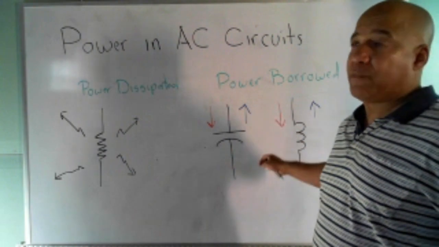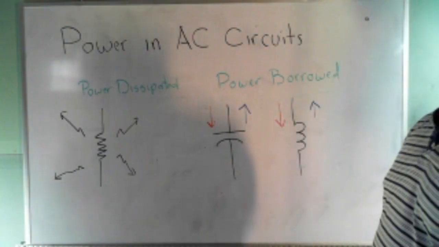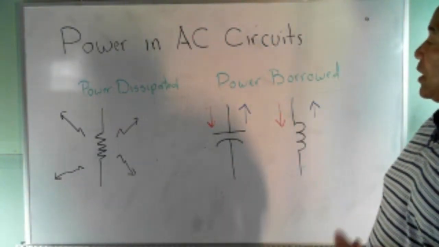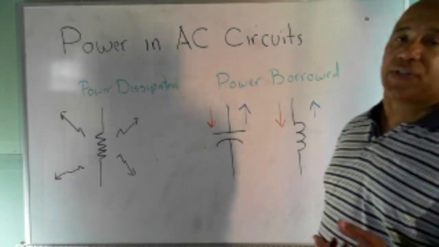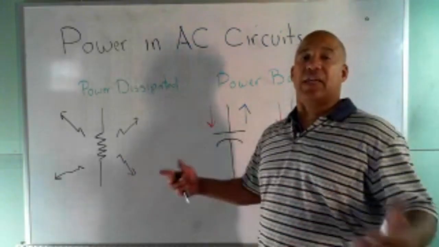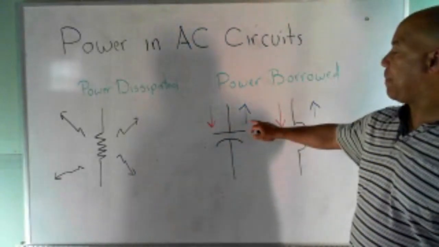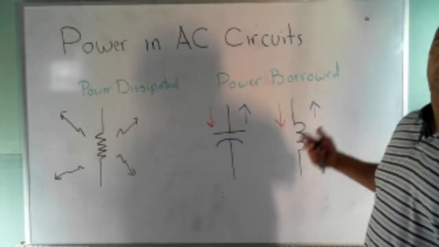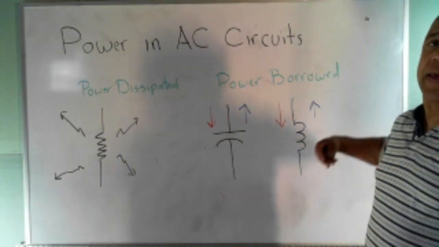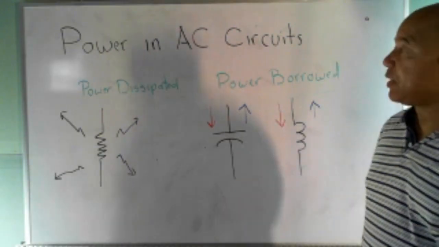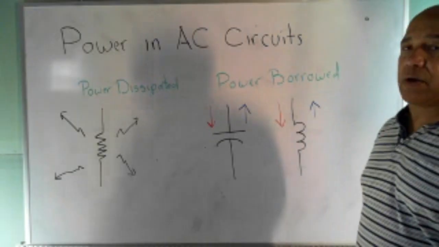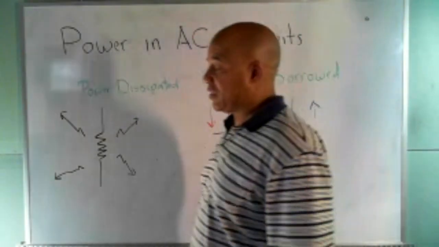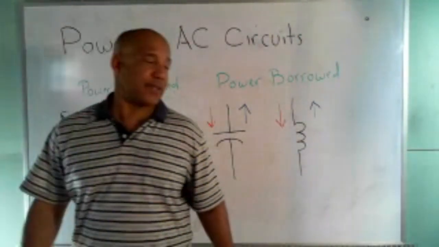But in this class, we're talking about ideal resistors, ideal capacitors, ideal inductors. So the ideal resistor takes the energy and converts it to heat. The ideal capacitor or inductor takes energy in, stores it for a certain amount of time, and then sends the energy back to the generator. And so we'll get into that as we go along into the lesson today and the next class.